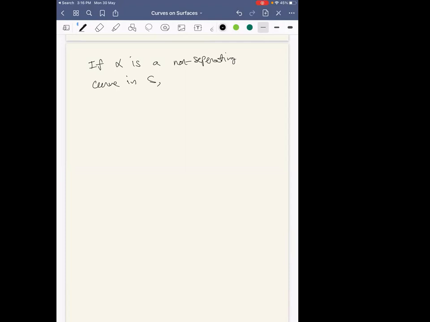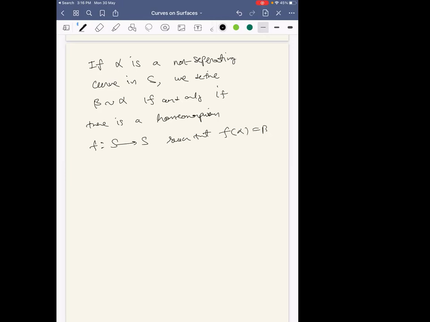So if you take a non-separating curve, we define beta to be equivalent to alpha if and only if there is a homeomorphism f from S to S such that f of alpha equals beta.